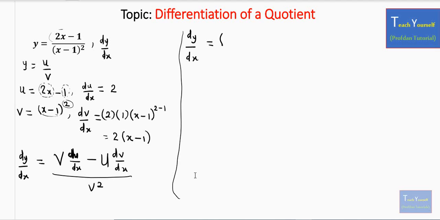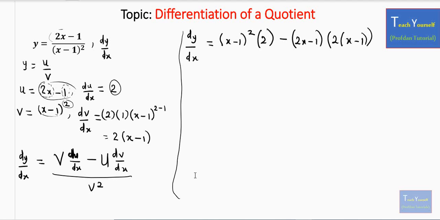So put in your v, which is (x minus 1) all squared, du/dx, which is 2, minus u, which is 2x minus 1, and we have dv/dx, which is 2 into (x minus 1), all divided by v squared. V is (x minus 1) squared, and it's being squared again, so this is v all squared.